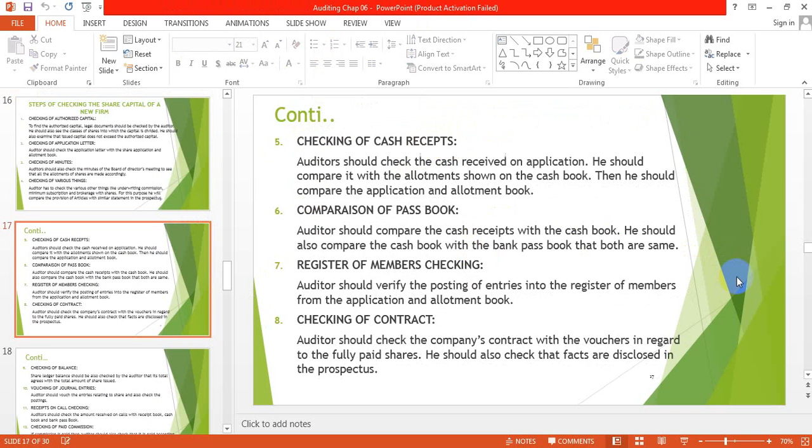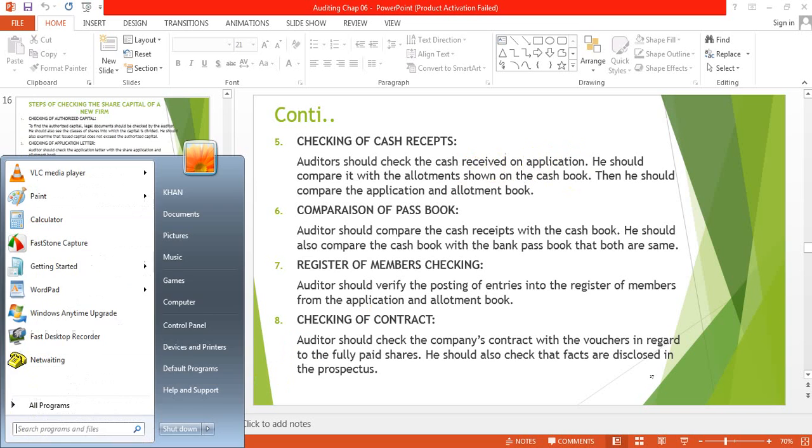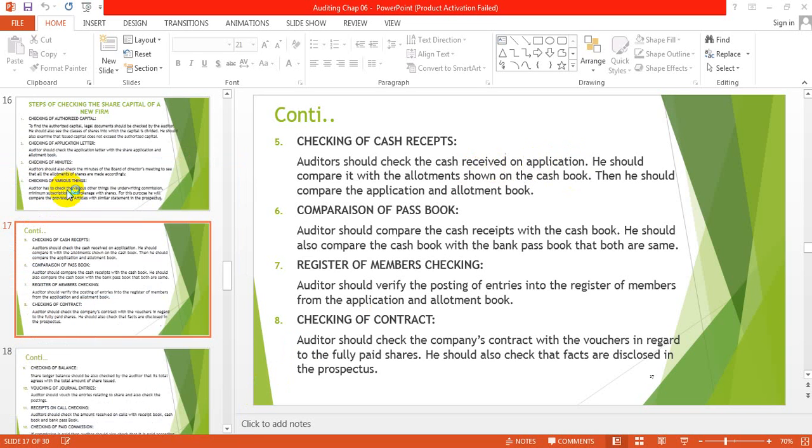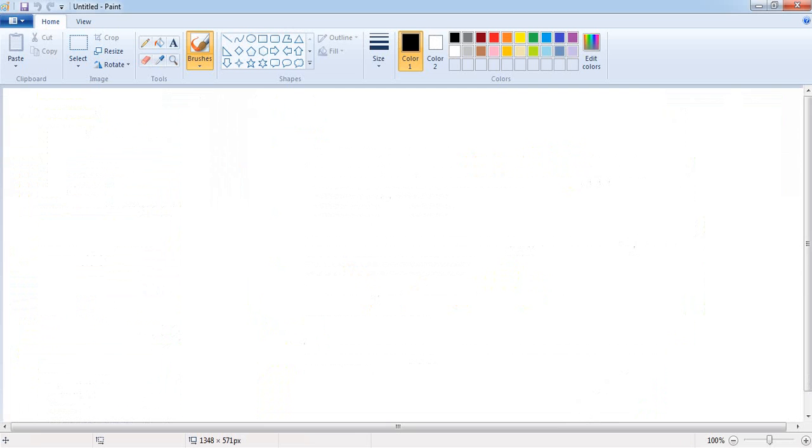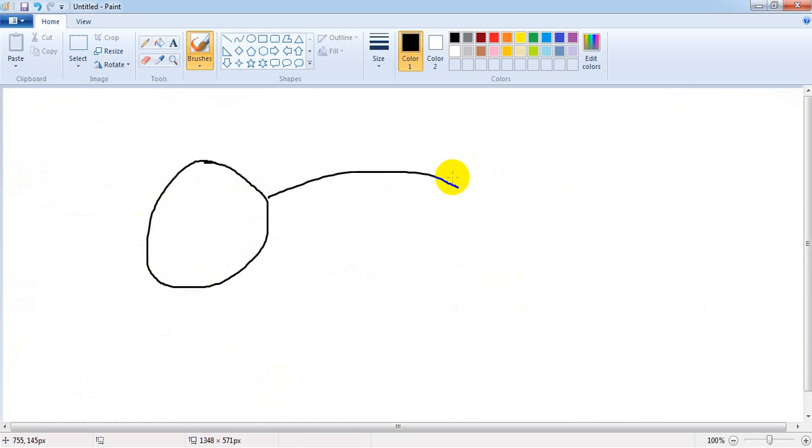Now the auditor will check how much cash is received. Auditor should check the cash received on application. In the previous class, I told you that when a company is going to issue shares, they are informing the public through prospectus.